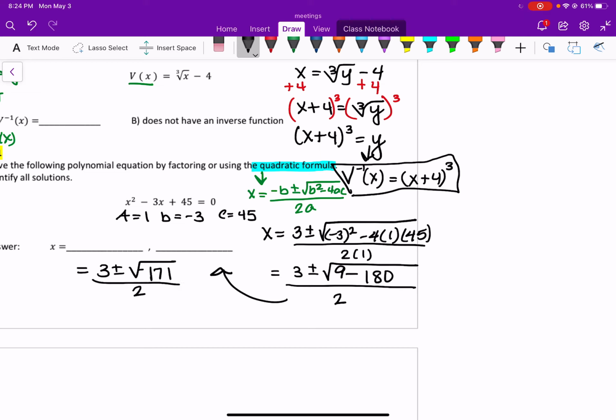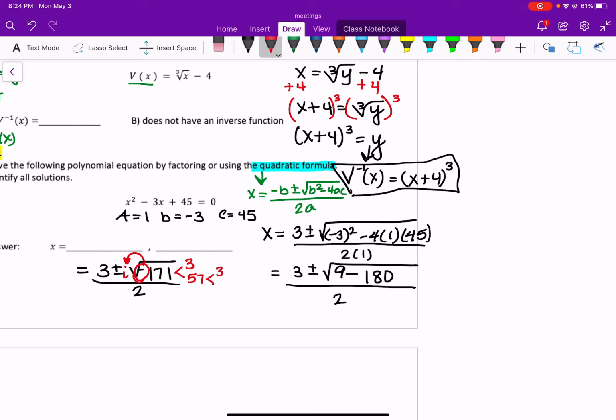Now guys, remember that no matter what happens to the 171, since this is negative, automatically we're going to take out an i. That's for the imaginary part because we really can't have that negative underneath there. But we do need to go ahead and see if we can break up 171. And I know a lot of people are probably looking at that thinking it's a prime number. It's actually not prime. It is divisible by 3. It's going to be 3 and 57. And then this is going to divide out as well.